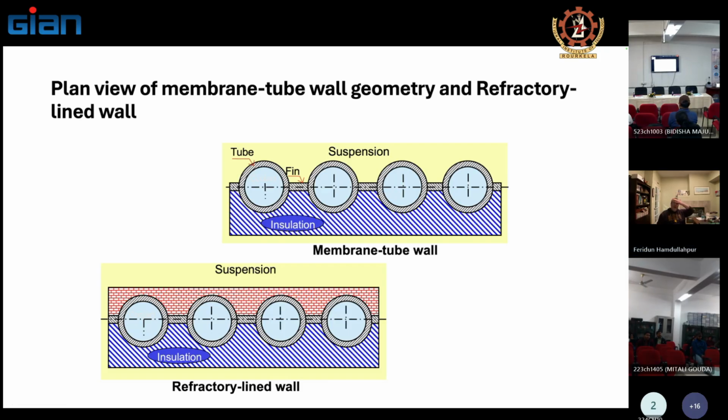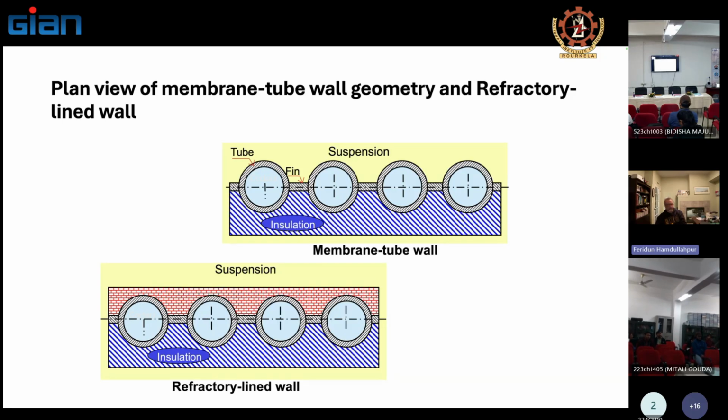So I want you to think for a second, okay? Why, for example, do we add this refractory line wall? Heat transfer tubes, they are tubes. They're always metal, okay?